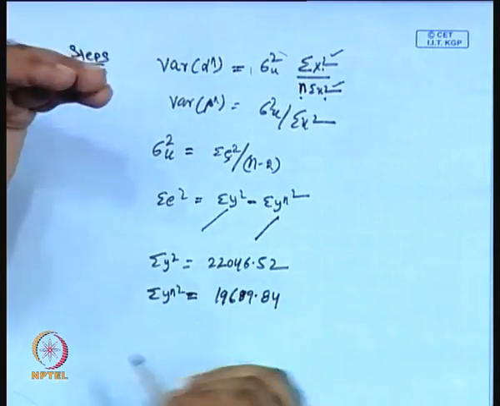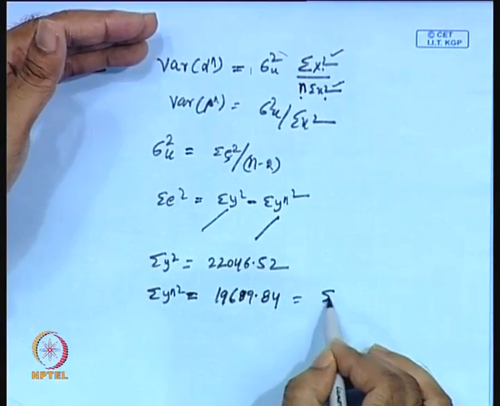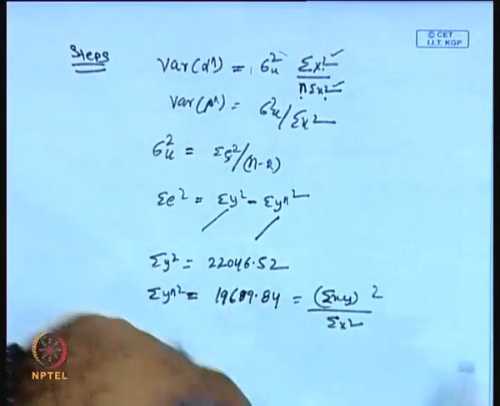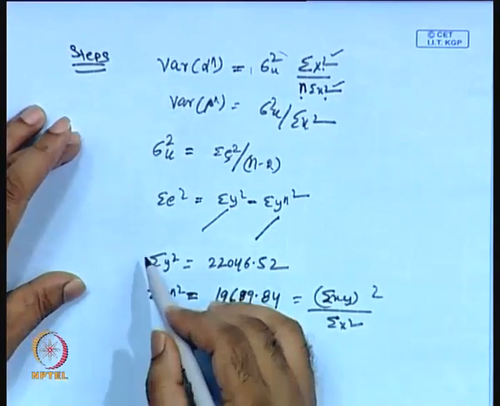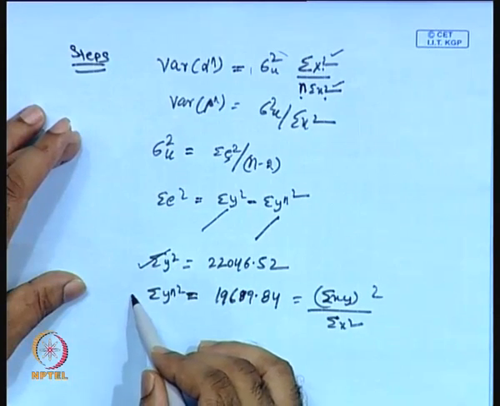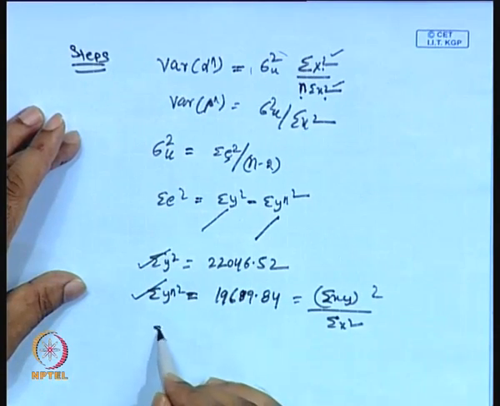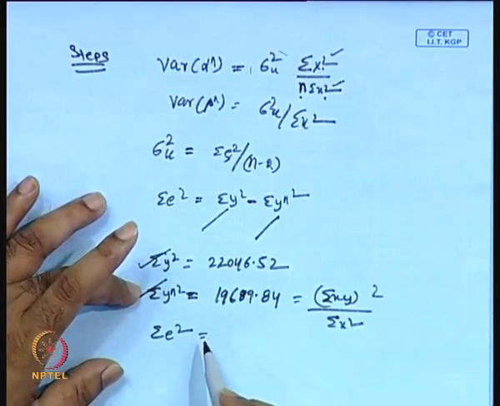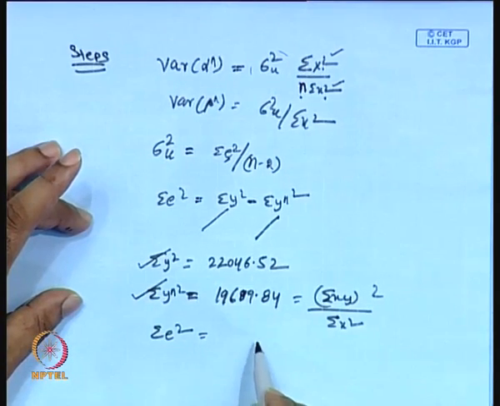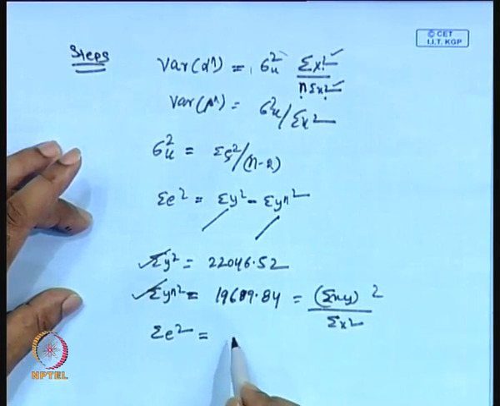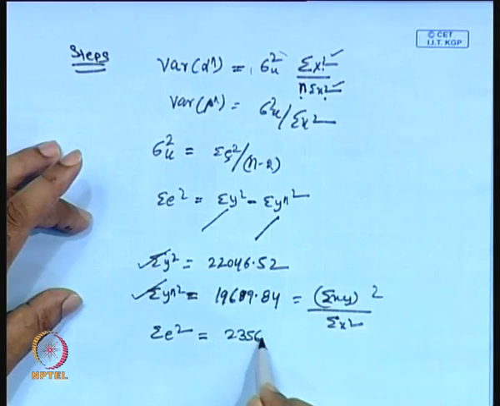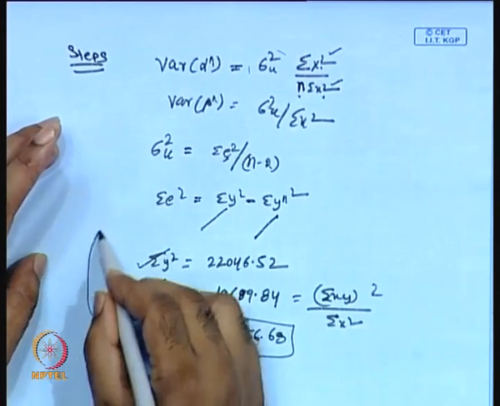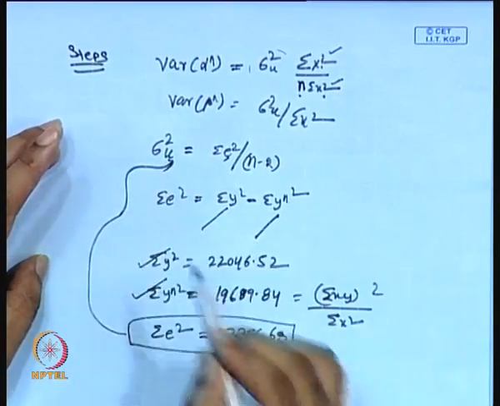This is also summation x y whole square by summation x square. We have already derived all these things, so we are just reporting the values here. Summation e square is summation y square minus summation y head square. If we subtract, the final outcome is 2356.68. So, this is summation e square.